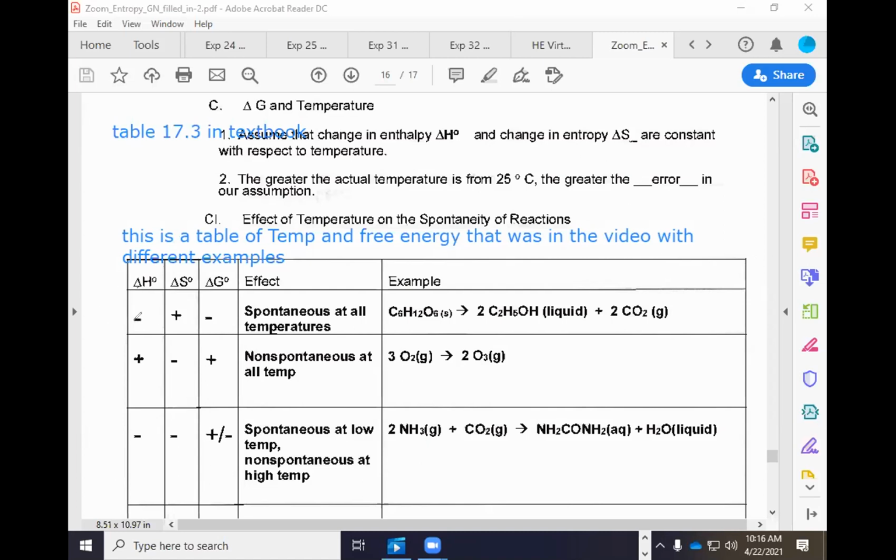So this is exothermic, gain in entropy. And then your delta G is negative and then spontaneous. And this is an example. You don't need to memorize the examples, but I just wanted to give you different examples from the video or the textbook.